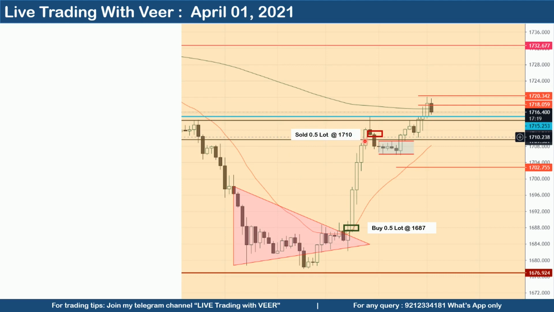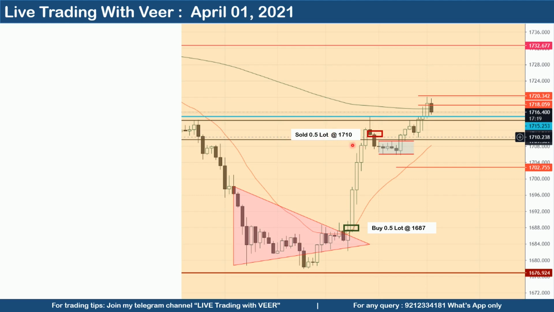I entered this trade with half quantity at 1685-87 rupees, and I held the trade till it touched the first barrier, this blue line, which is around 1714. I waited some time, but when it started reversing I exited at this point.